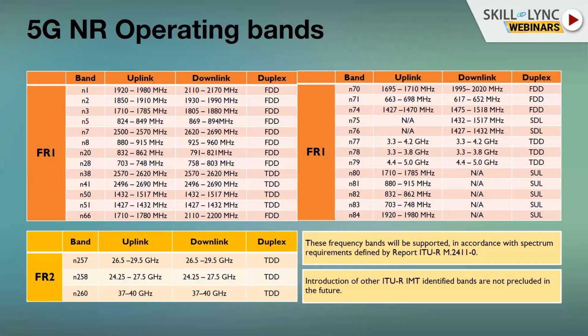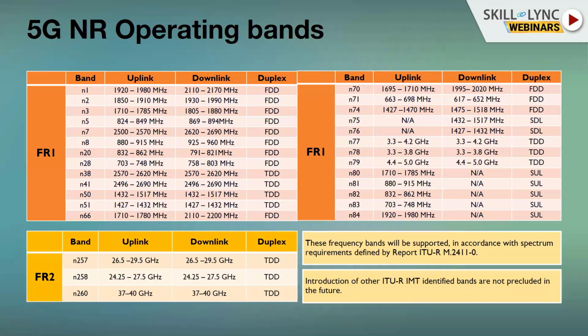Here we can see that the 5G NR operating bands are divided according to FR1 and FR2 for both uplink and downlink, and the technologies used, whether it is TDD or FDD. So we can ask the question, what are the frequency bands supported by 5G NR?